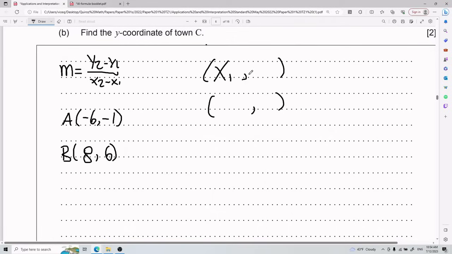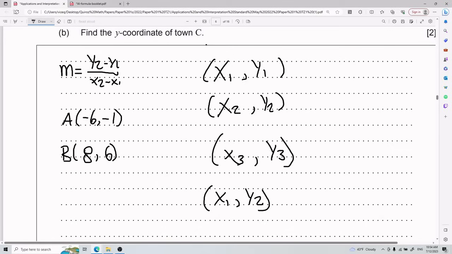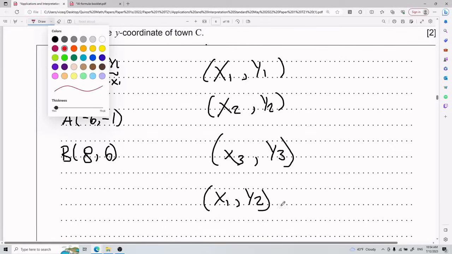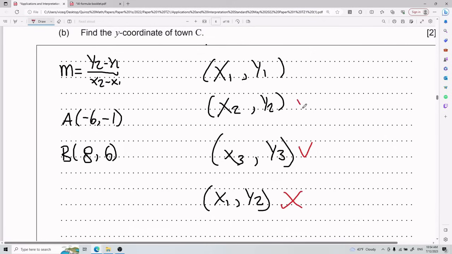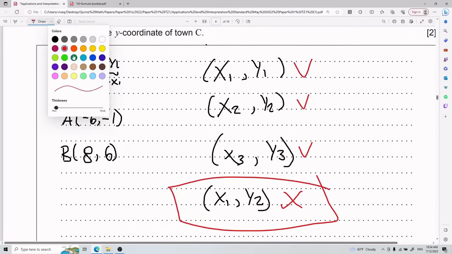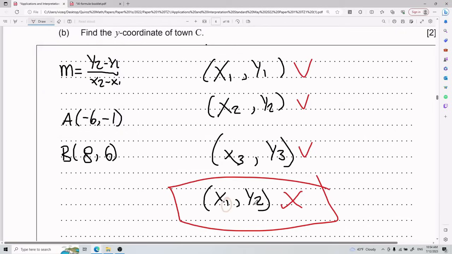So x1 has to go with y1, x2 has to go with y2, x3 has to go with y3. You cannot have a point that is x1, y2. Okay, that is illegal. We do not do that. These three are correct. Why is this one illegal? Because this one does not go in line with these two.